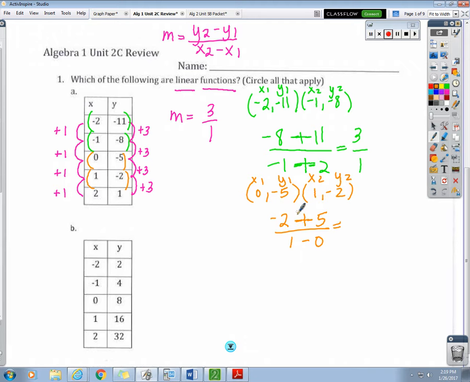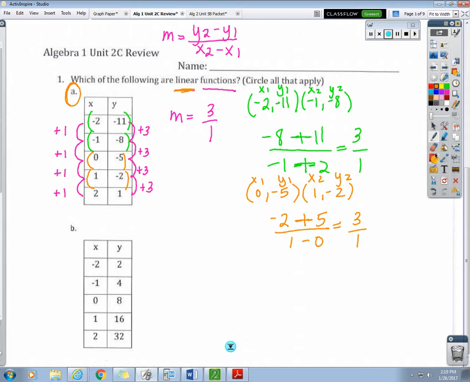That becomes a plus, and -2 plus 5 is 3. 1 minus 0 is 1. And see how even though the first time you used these 2 points, you got 3 over 1, and the second time you calculated slope, you used these 2, and you still got 3 over 1? That confirms that it's linear. There's a constant rate of change. So A is the right answer because it's linear.